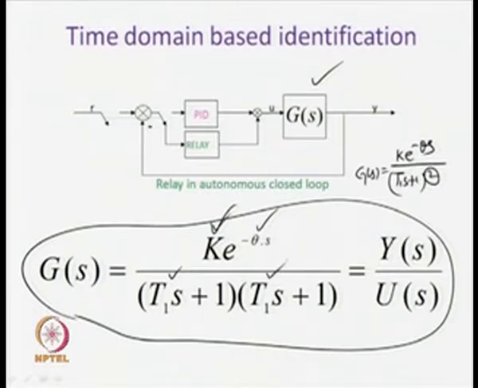As evident from this, in place of 4 unknowns, actually how many unknowns do we have? K, theta and T1. So, there are basically 3 unknowns associated with this second order plus dead time transfer function model with pole multiplicity.